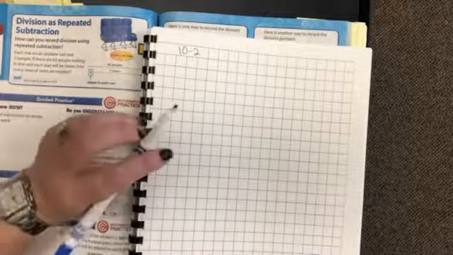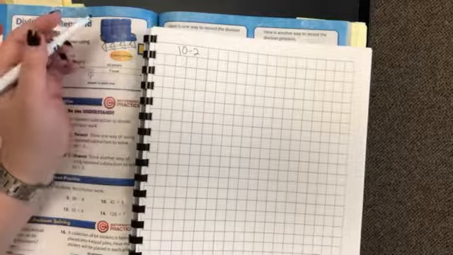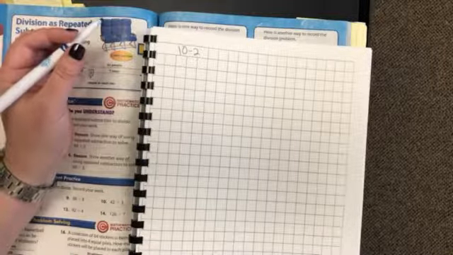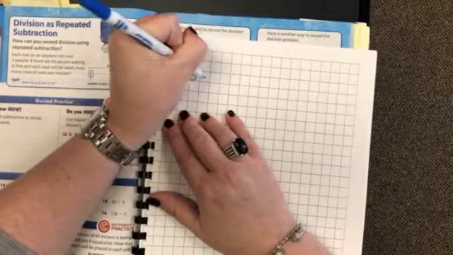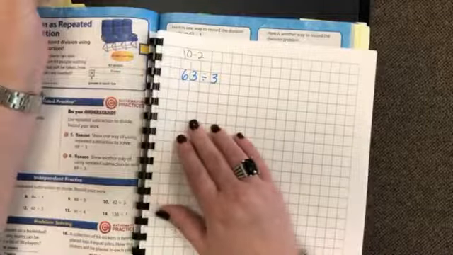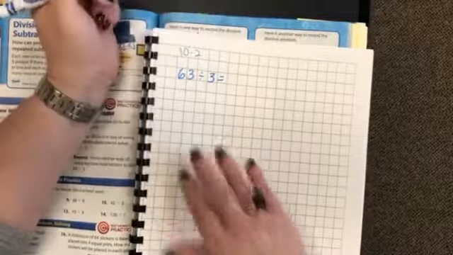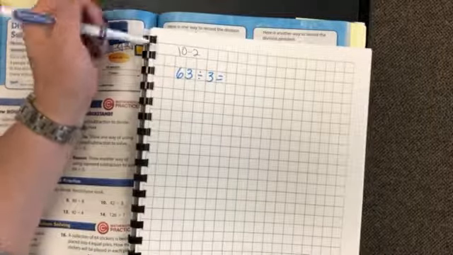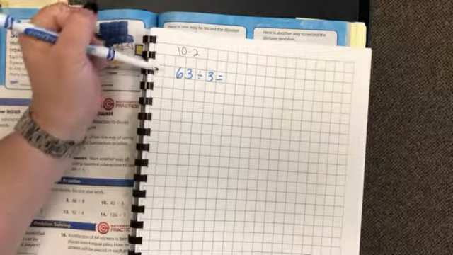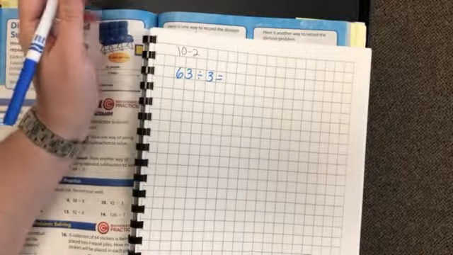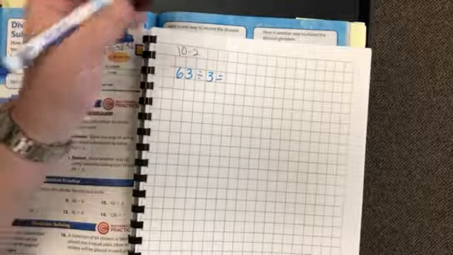When I am dividing, and it's with a bigger number that I can't just immediately make out a fact for, let's say 63 divided by 3. In my head, I can't quickly just come up with it. Now, I do know little tricks on how I can do this, but let's pretend I forgot those tricks.